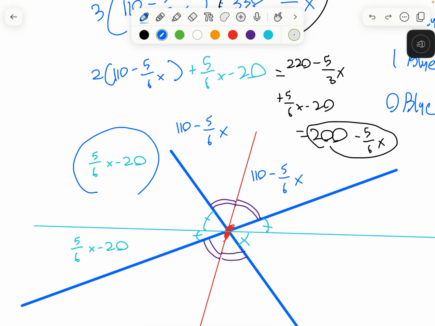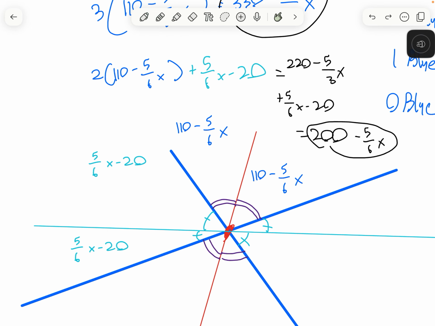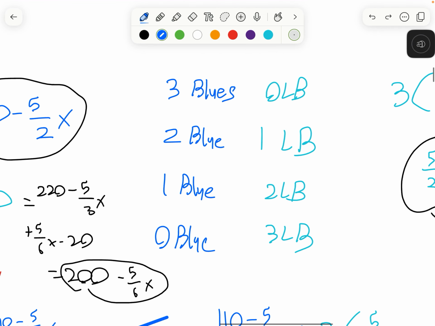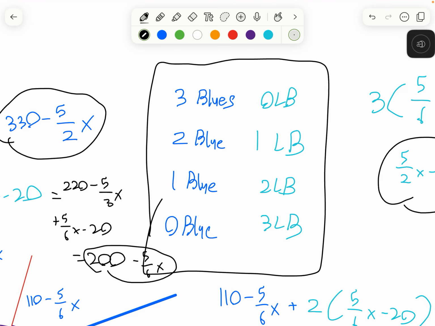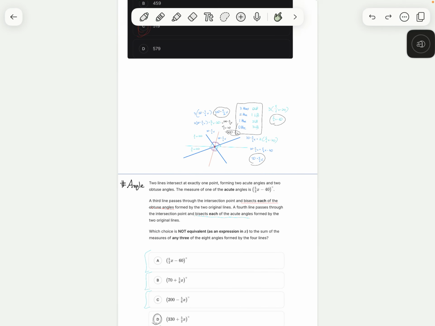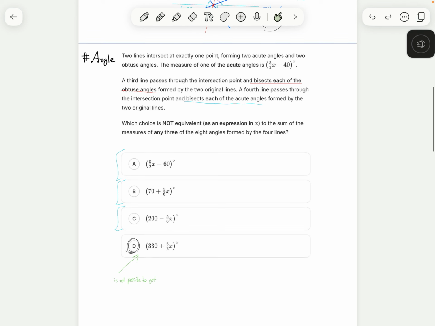You have the light blue, which is 5/6 x minus 20, and then the blue, which is 110 minus 5/6 x. So if you're trying to add three angles, the only way to get a distinct sum is by using three blues, zero LB, and so on and so forth. So once again, that's how you approach this question.